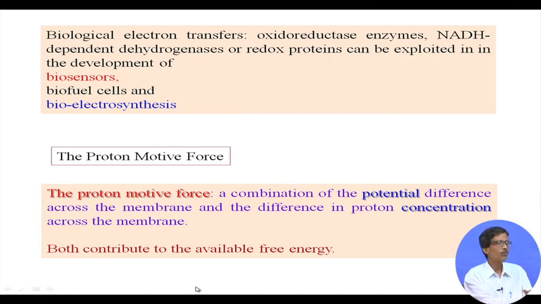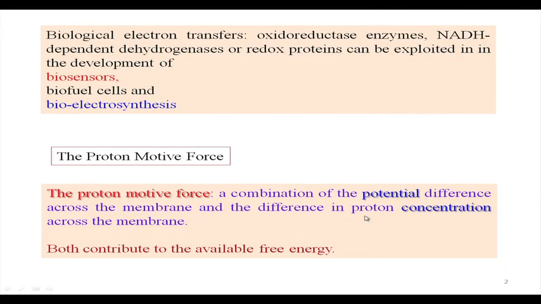The proton motive force is a very complex one and a combined form of a potential difference. You should have a potential difference from one side to the other, like that of your metallic rod dipped into the solution, where we have a potential difference, across the membrane, and the difference in proton concentration across the membrane. All biological membranes, we all know that your ATPases are there, then the potassium ion, sodium ion, all these are enclosed in some membrane.